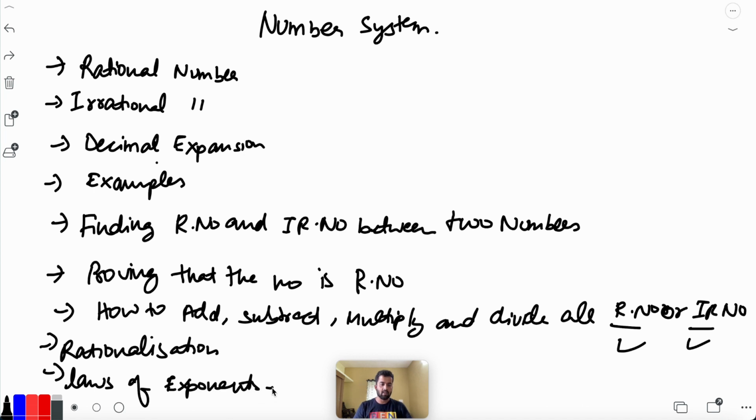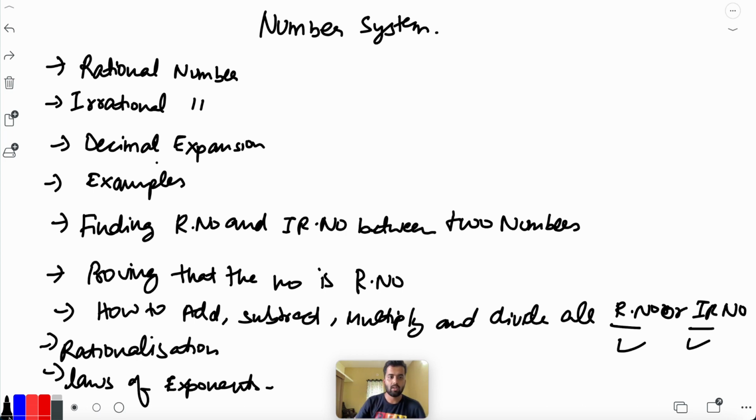Laws of exponents. So mainly these topics are there in this chapter. So how many? 3 plus 3 plus 3, so total 9 are there, okay? And in 20 minutes we will cover each topic, okay? So shall we start with rational numbers? Okay, let's start with the rational number part.